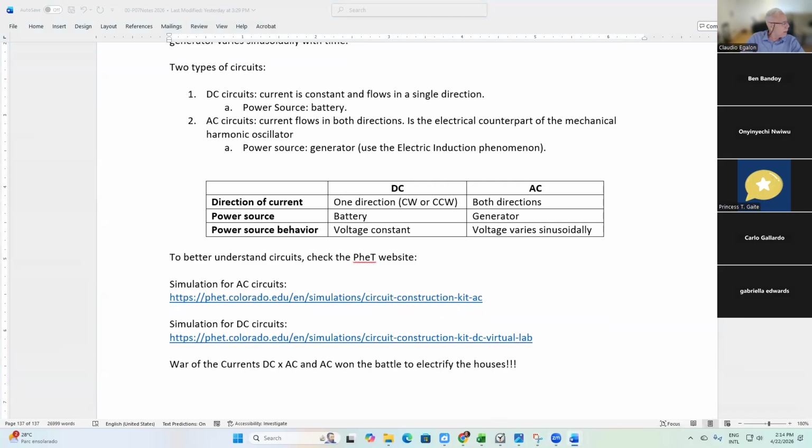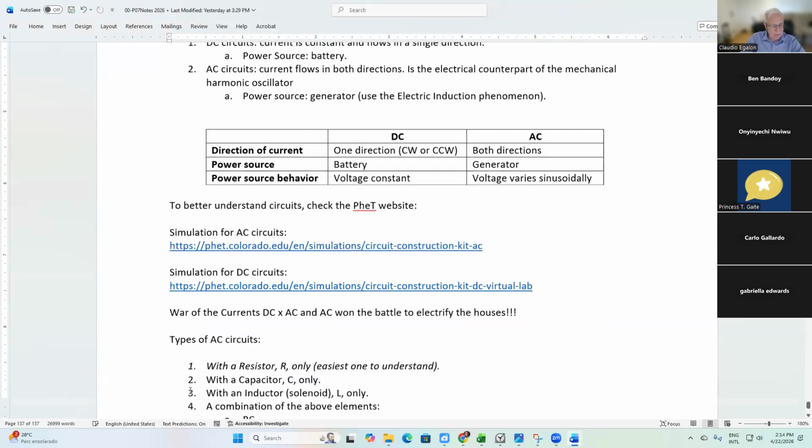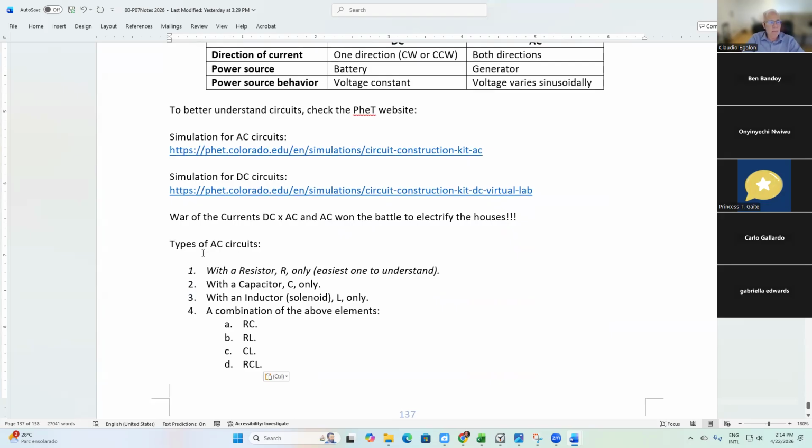Going back here. Types of AC circuit. Okay. There are different types of AC circuits. The simplest one is the AC circuit with a resistor only. The easiest one to understand as well. Then you have AC circuits with a capacitor only.